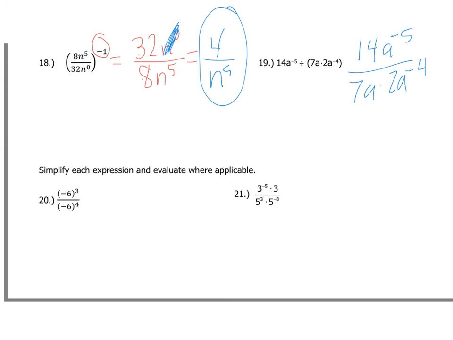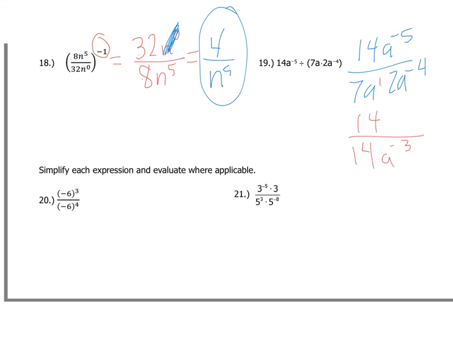You always want to simplify things as far as you can before you start actually working with the numbers. So we're going to look at 7 times 2 in the denominator becomes 14. And then I have a to the 1 times a to the negative 4, which becomes a to the negative 3 if you were to combine them.